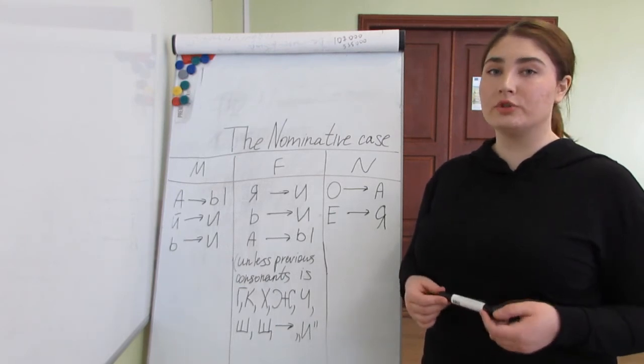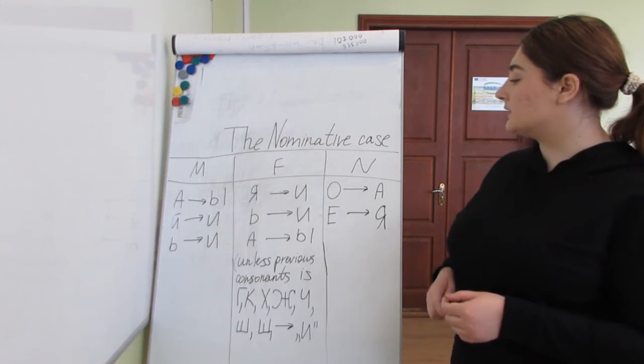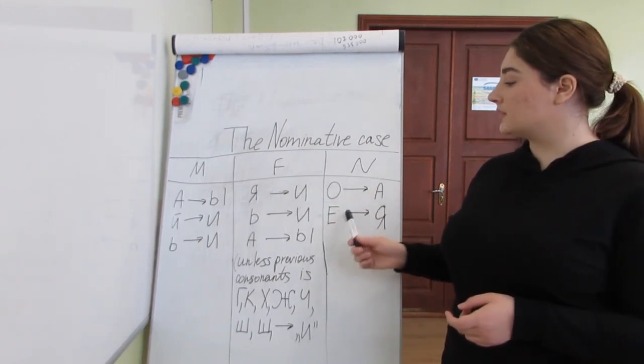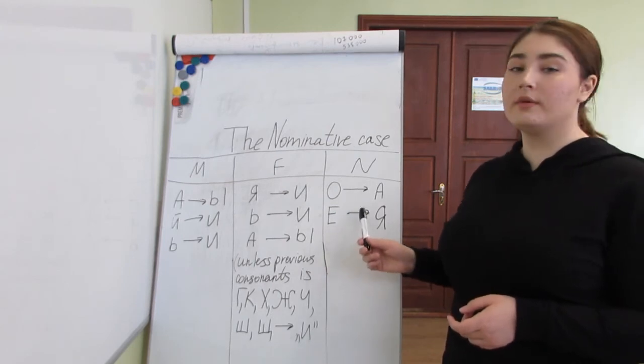And for neuter nouns, we replace О with А and Е with Я.